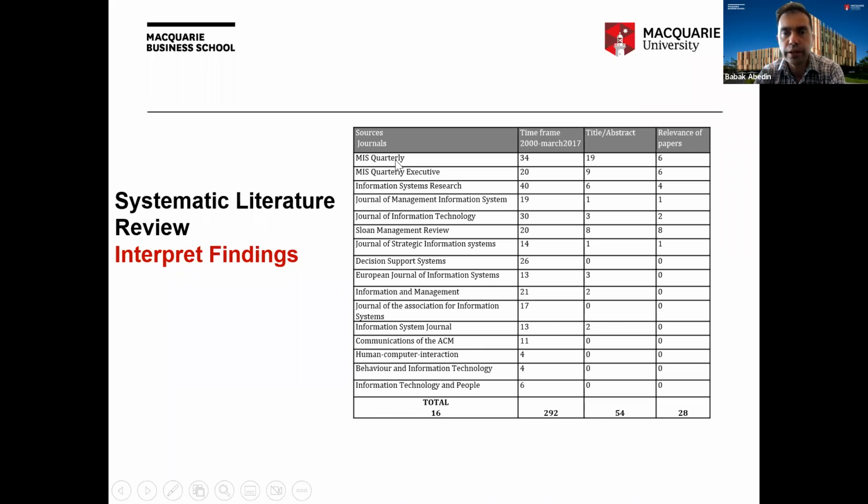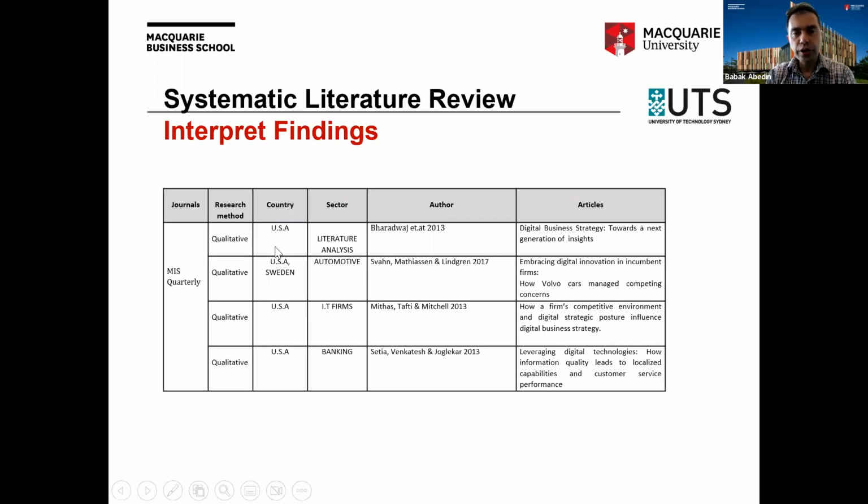All of a sudden you find that there are some particular journals that are more interested in this topic, whereas with generic literature review, we don't have that. You may also understand which countries, for example, are interested and have done more work on this topic. And you can also see what methods those papers have used in their study.